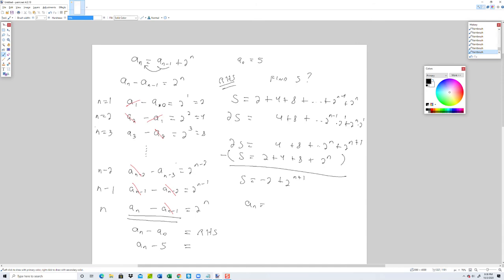So I get a sub n minus 5 equals my right-hand side, which is 2 to the n plus 1 minus 2. And I take the negative 5 over, and I get 2 to the n plus 1 minus 2 plus 5. And a sub n is equal to 2 to the n plus 1 plus 3. And that'd be your answer.